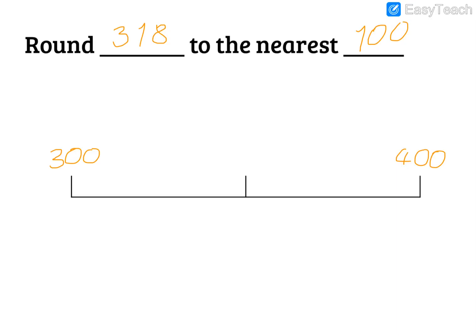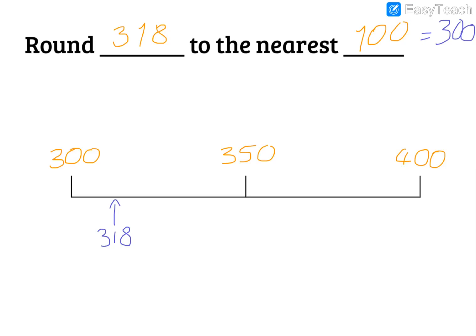In this case, it would be 350. Clearly in this example, 318, about there on our number line, is much closer to 300 than it is to 400. So when rounding to the nearest 100, we go down to 300. So the answer for this one would be 300.